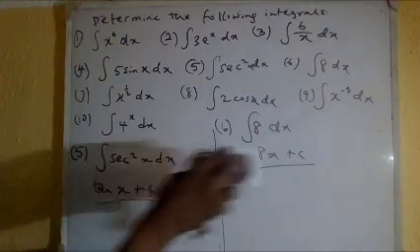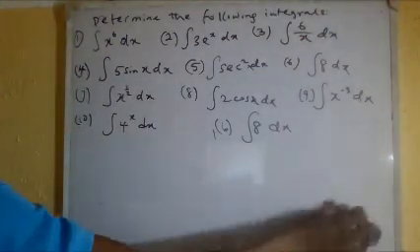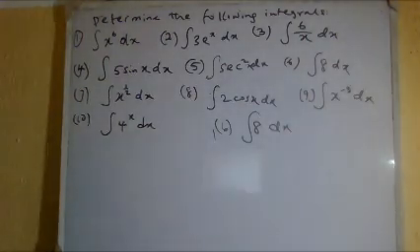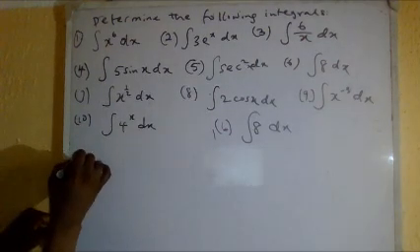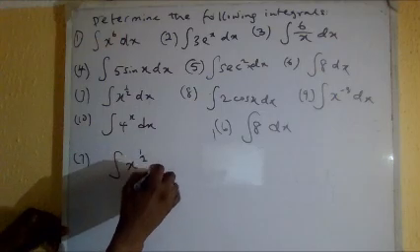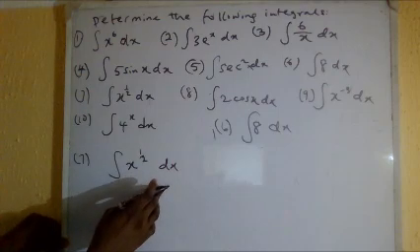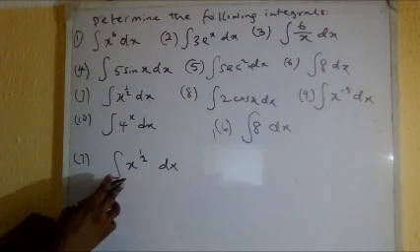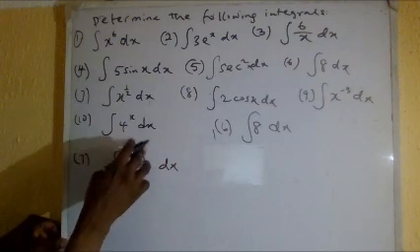You now start seeing algebraic skills, addition and subtraction, fractions. Look at what you are given here. It's the same principle you're going to apply, adding 1 to the power and dividing by the result.